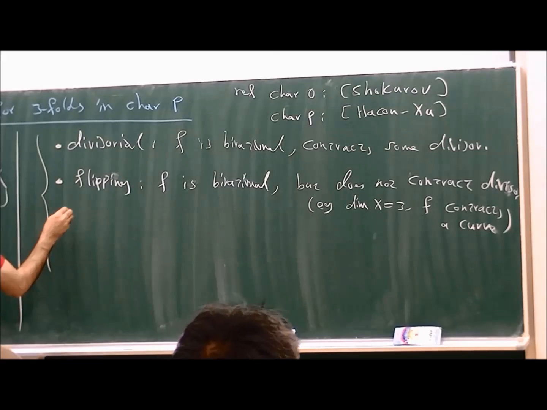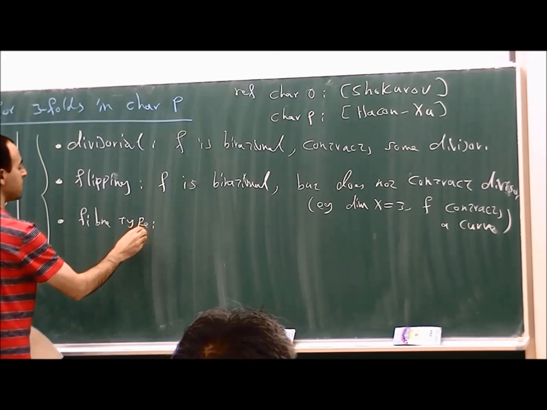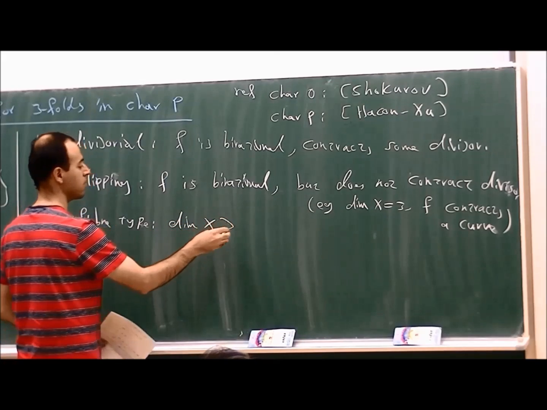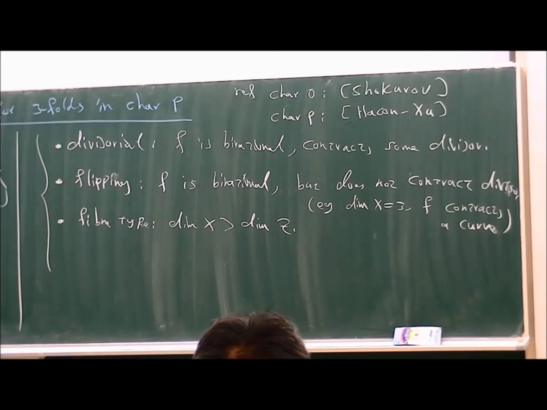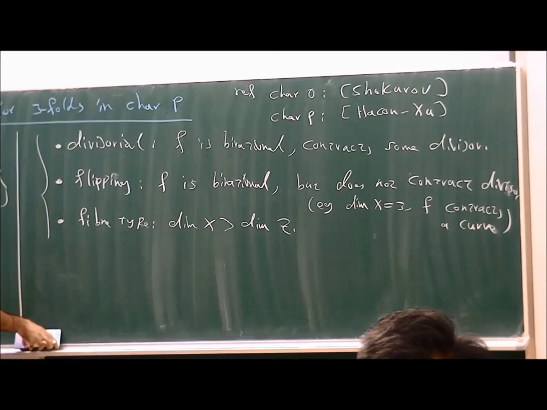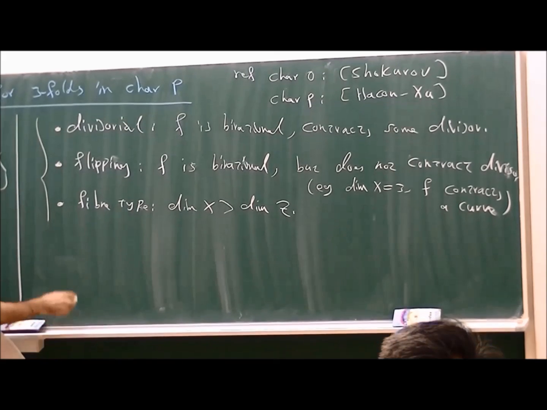And then finally, we have fiber type. Fiber type simply means that the dimension of X is strictly bigger than the dimension of Z. In other words, you have a really genuine fibration. Your X will be decomposed into fibers. If the final case happens, fiber type, then in fact the program is more or less finished. That's when we get the so-called Mori fiber space case.